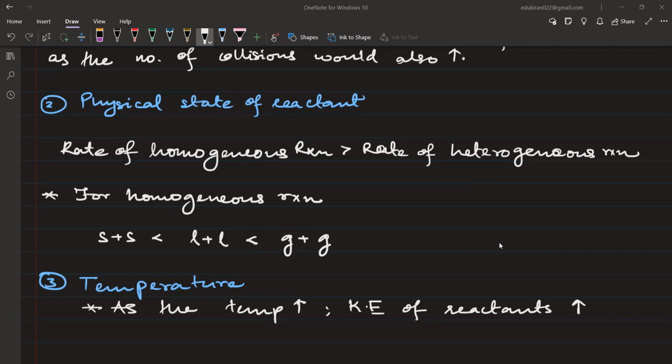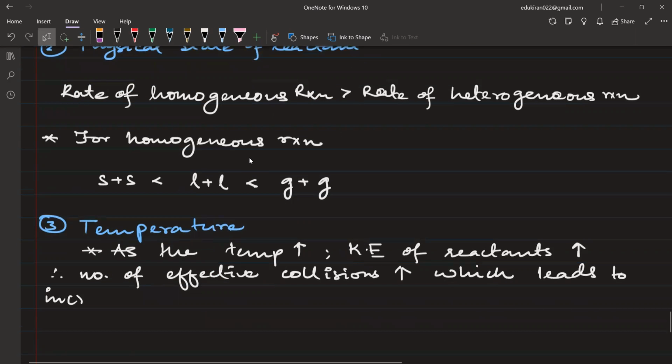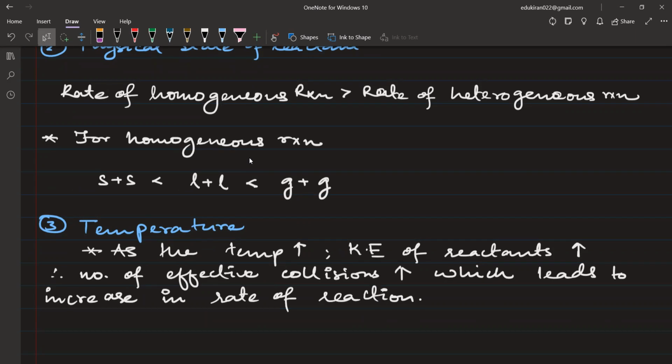Therefore, the number of effective collisions increases, which leads to increase in rate of reaction.